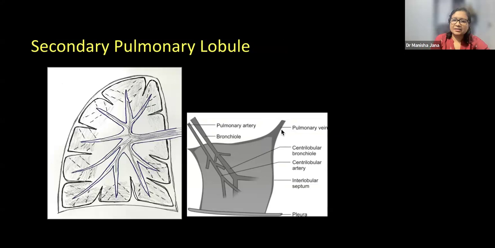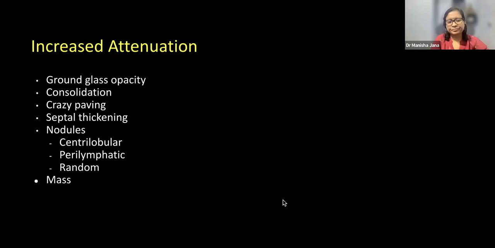The lymphatics run both in the center as well as the periphery, whereas the veins lie at the periphery of the pulmonary lobule. Why are we talking about this? Because if we know this anatomy, it will be easier to understand why we use terms like centrilobular nodules and perilymphatic nodules. That will be discussed later.